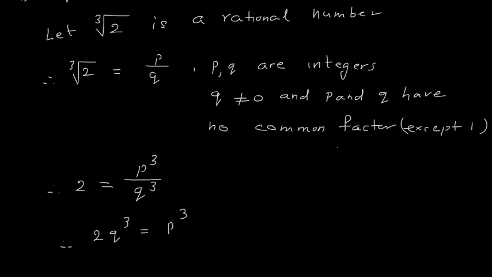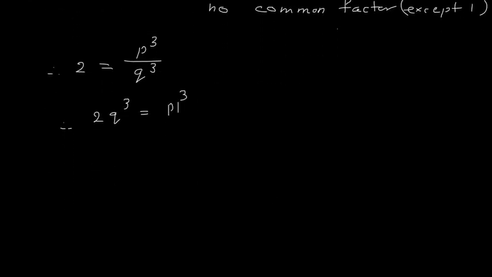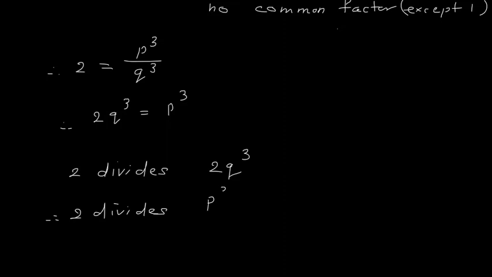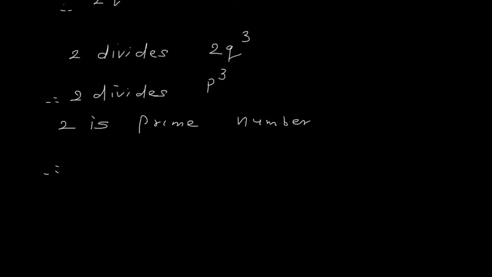Now as we have done for proving root 2 is irrational, in the same way here I will say that 2 divides 2q cube, therefore 2 divides p cube. 2 is a prime number, therefore I will say that 2 divides p.